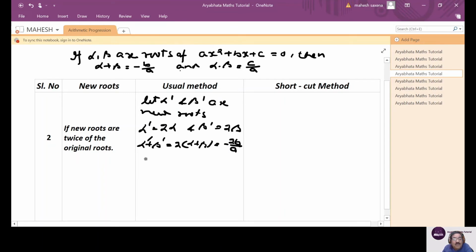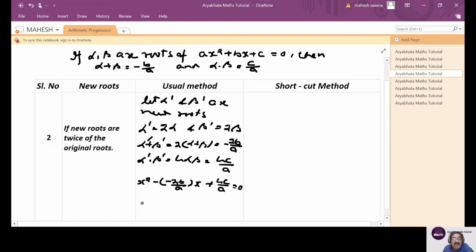Similarly, alpha dash into beta dash will be 4 alpha beta, that is 4c upon a. Therefore, the new equation will be x square minus the sum of the roots, minus 2b upon a, x plus the product of roots, that is 4c upon a, is equal to 0.